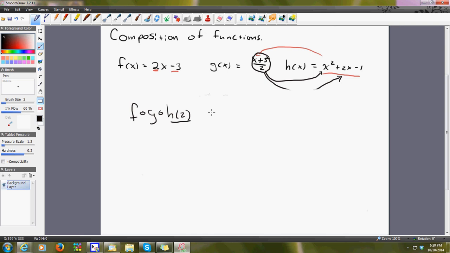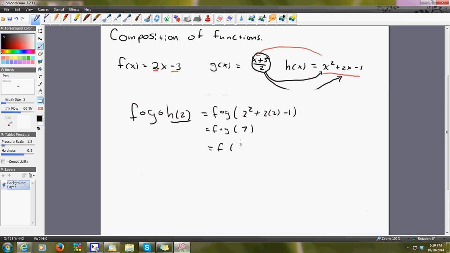Well, I'm going to take h of 2 first. That is 2 squared plus 2 times 2 minus 1. So it's going to be 4 plus 4, which is 8, minus 1, which is 7. So now I have f of g of 7.